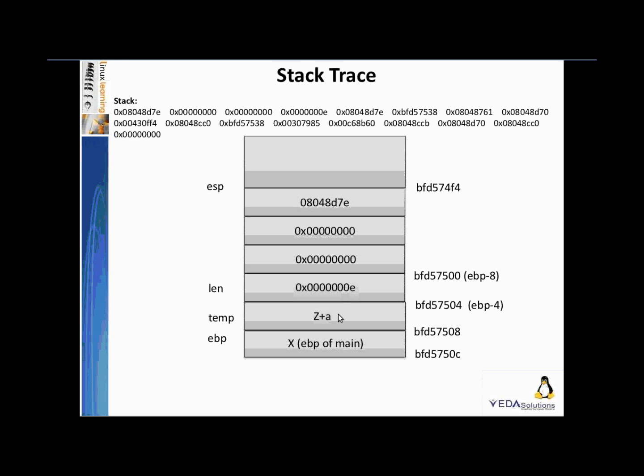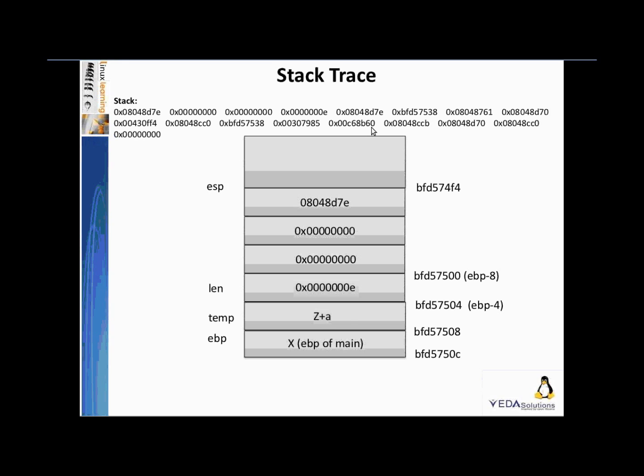The next part of the stack is about temp. Now temp is pointing to the end of that particular str. Since we know the base address of str and we also now know the length of it, we can compute the address of temp. But let's go by the stack dump. If you look at the stack dump here, it shows 8048D7E.